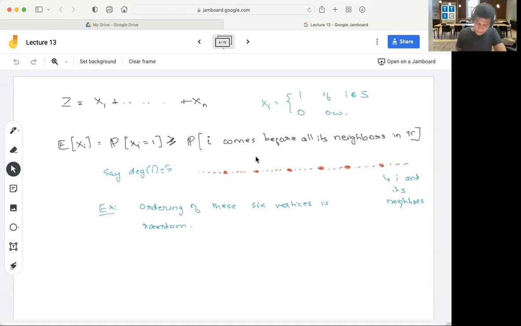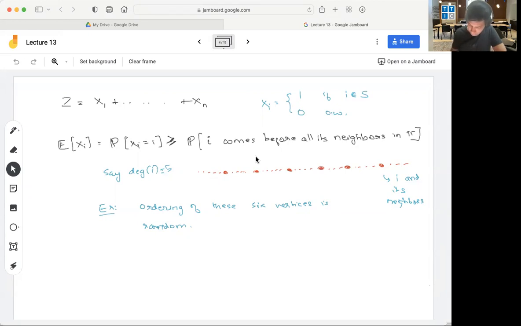So in this particular case, when the degree of I is 5, the probability that I is picked before all its neighbors is the probability that you pick one of the 6 factorial permutations and I is in the first position. Do you know how much that probability is? One over d_i plus 1. Right.